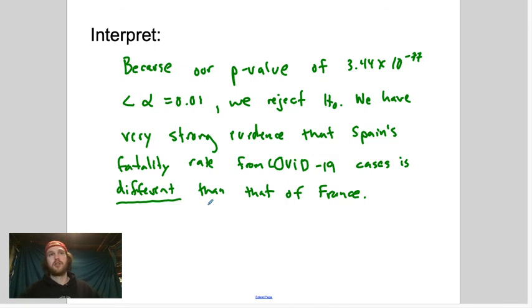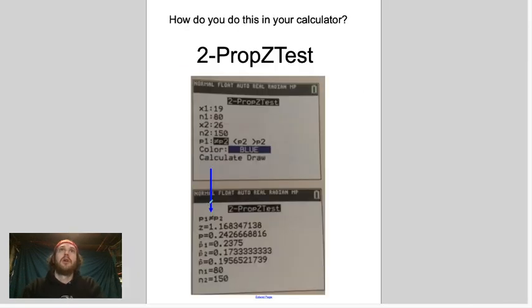So how do you do this and check this on your calculator? You can do this thing called a 2-prop z-test if you go to your test options, and basically you would enter in, now this is just out of the book, so these are not the numbers that you have, you enter in the number of fatalities from the total number of closed cases in Spain, and then the number of fatalities and the total number of closed cases in France, and you will type this in, and you can draw a picture of what the curve looks like.